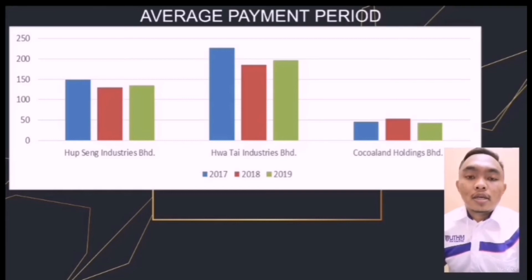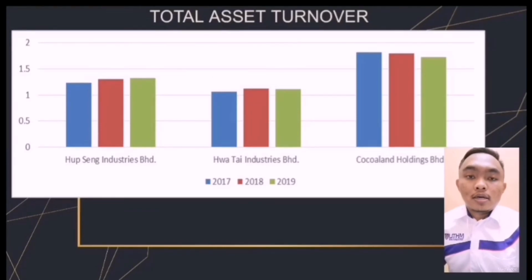For Watai Industries Berhad it is 227.05 days for 2017, 185.09 days for 2018, and 197.05 days for 2019. While for Cocoland Holding Berhad it is 45.48 days for 2017, 52.58 days for 2018, and 43.458 days for 2019.